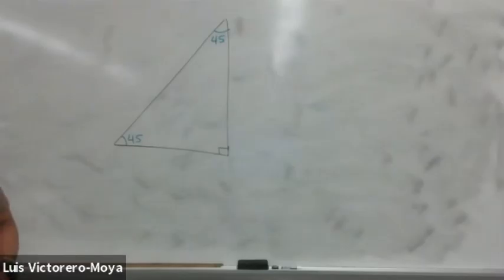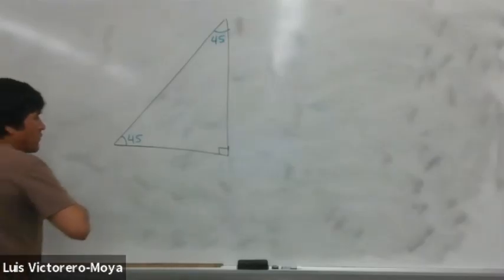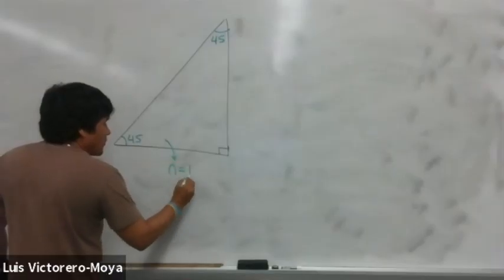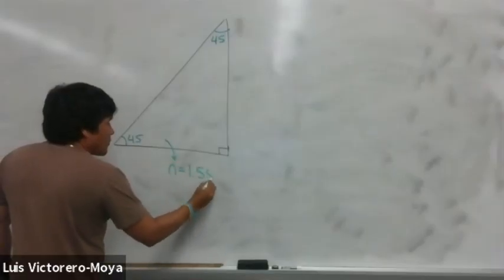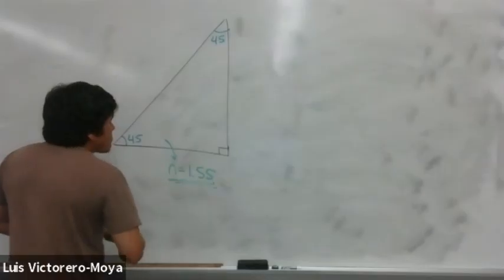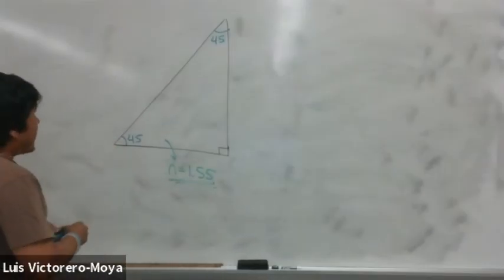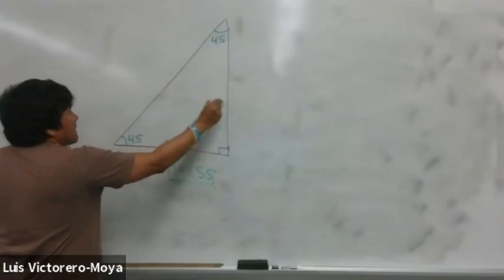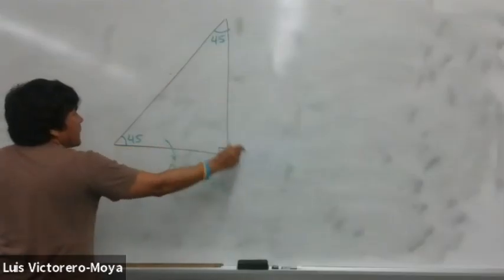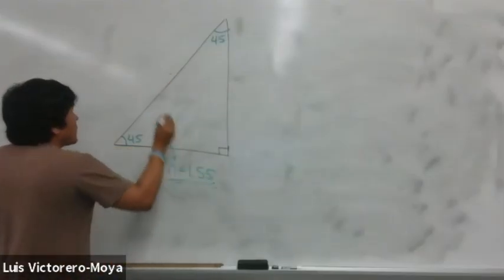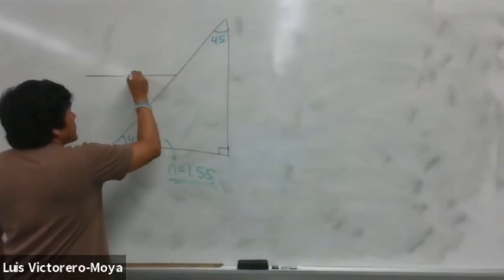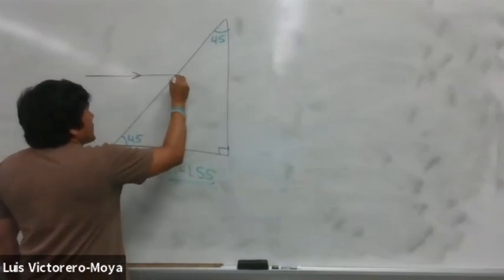So a 45-45 prism with an index of refraction of 1.55. We're going to have light going in, being refracted, and then being refracted back. So light goes like this, it gets refracted.